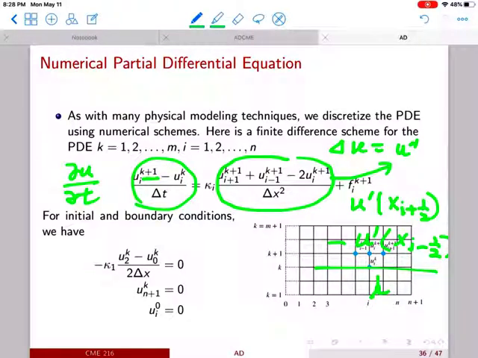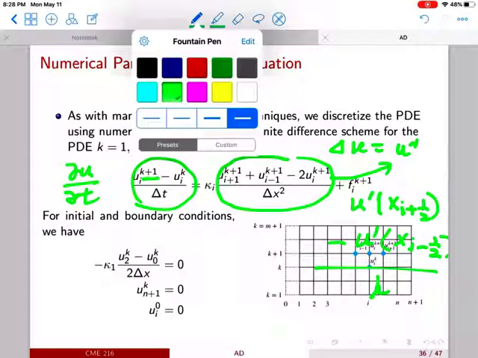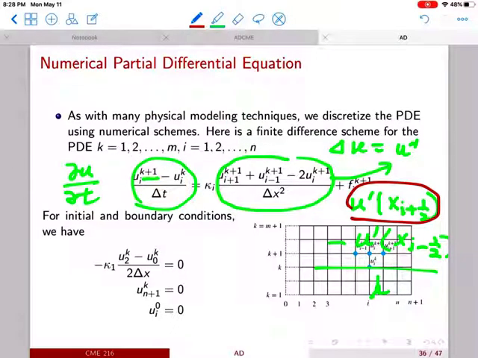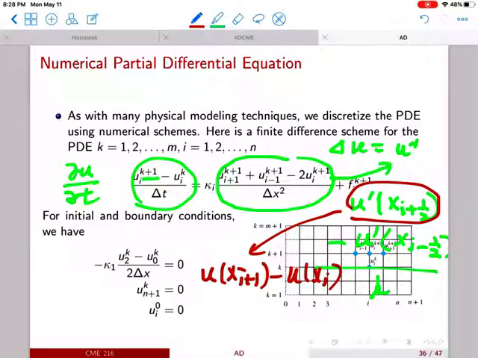Then the next step is to discretize this term. And what's this term? It's actually u at x_{i+1} minus u at x_i, over h.